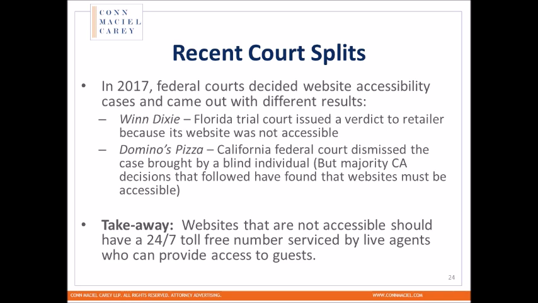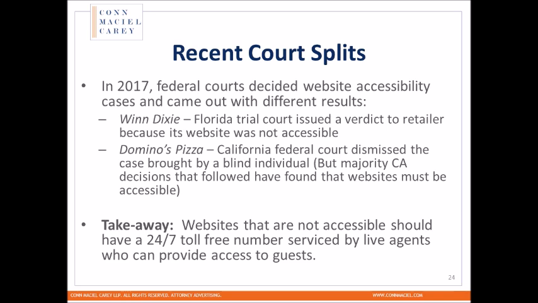However, the majority of the cases after Domino's in the district courts in California have found that although there is no technical standard such as WCAG that necessarily applies, there is, based on the statement of intent by the Department of Justice and the auxiliary aid standard, as well as the general requirement under the ADA to ensure equal treatment for the disabled, a requirement to ensure website accessibility.